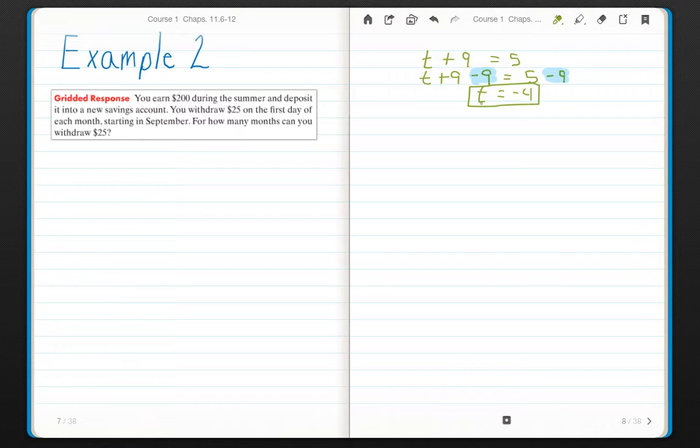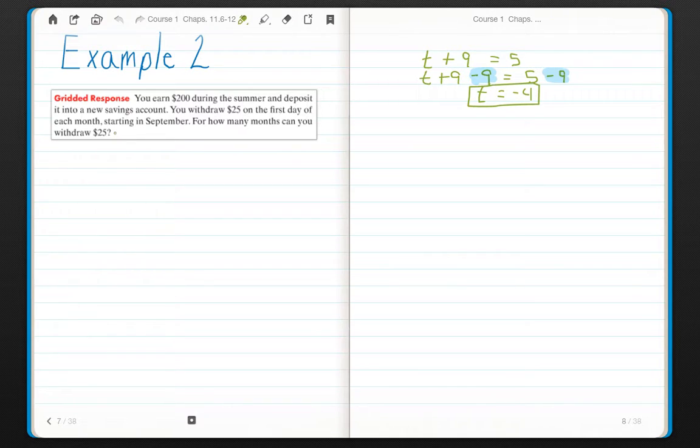All right, let's take a look at example 2. You earned $200 during the summer and deposit it into a new savings account. You withdraw $25 on the first day of each month, starting in September. For how many months can you withdraw $25? So let's see.